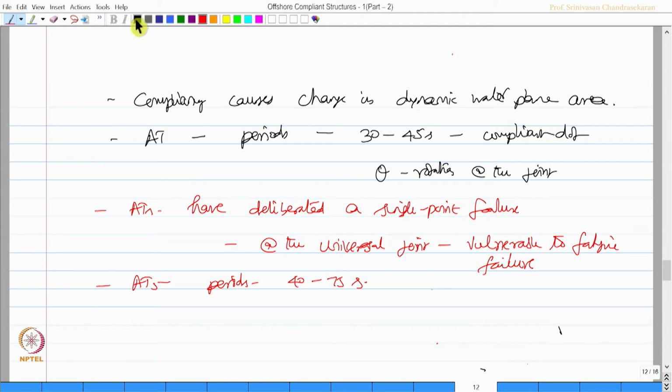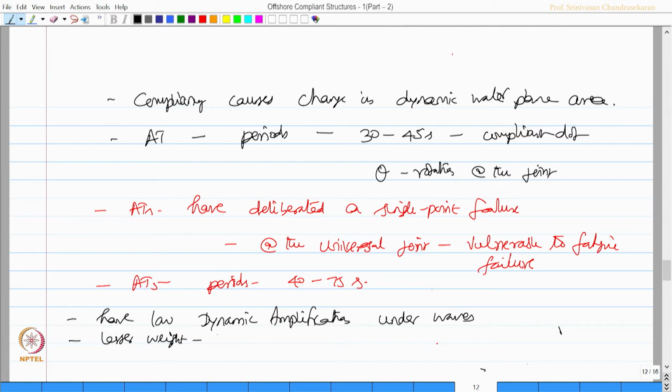So, as a result, these structures have low dynamic amplification under waves. They also have lesser weight. So, installation is simple.